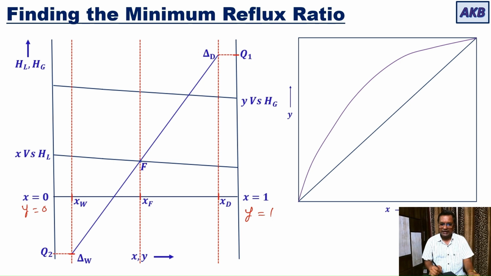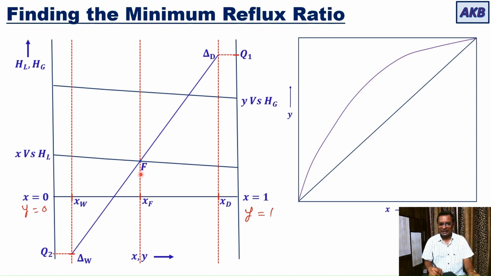Now we are concerned with the tie line that passes through F. You please remember, based on the previous discussion where we talked about the tie line that will give you the highest location for delta D and lowest location for delta W, that tie line will be passing through point F, I told you.